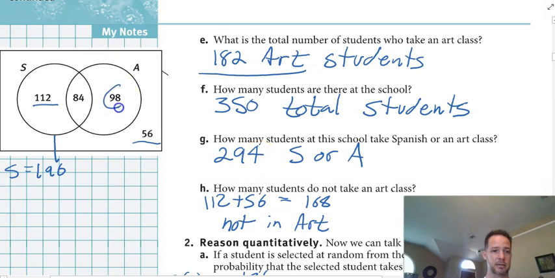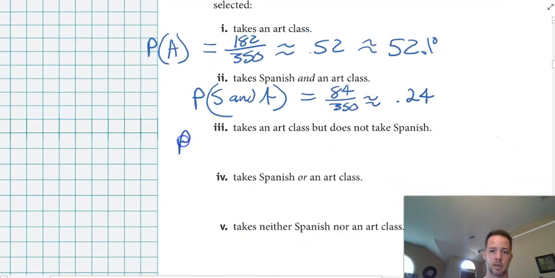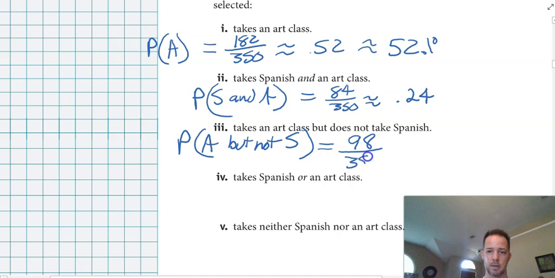So art class but not in Spanish would be 98 out of 350. And in our calculator, that rounds to 0.28.